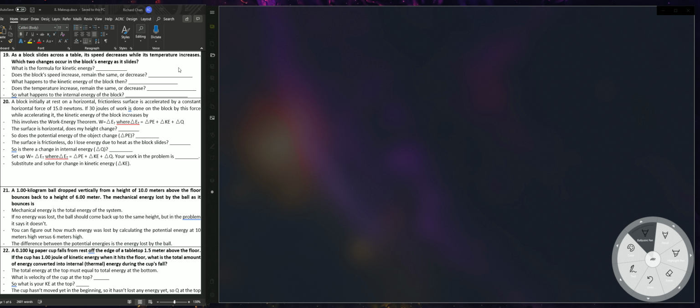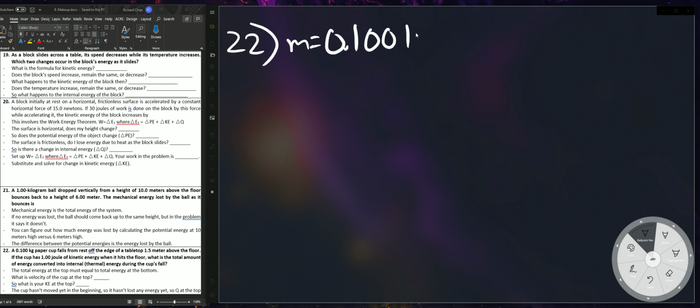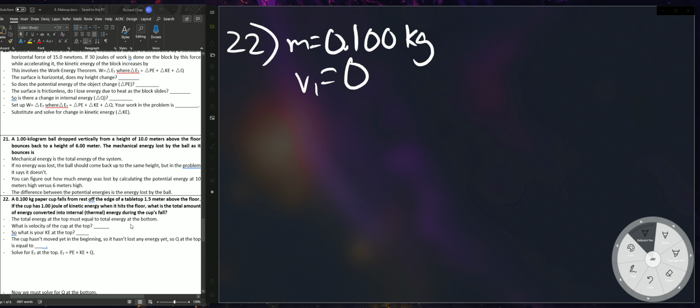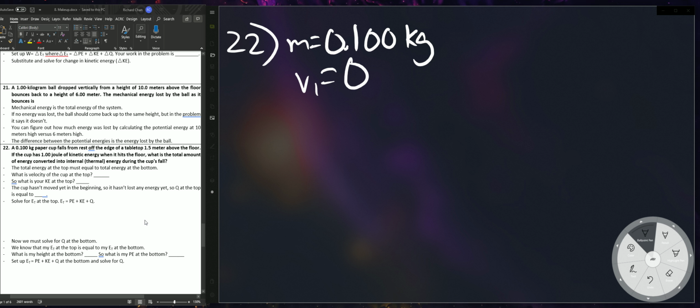22. Your mass is 0.100 kg. It falls from rest, so your initial velocity is 0. And your tabletop is 1.5 meters high. Let's answer the prompts first. What is the velocity of the cup at the top? Your velocity of the cup at the top is 0.